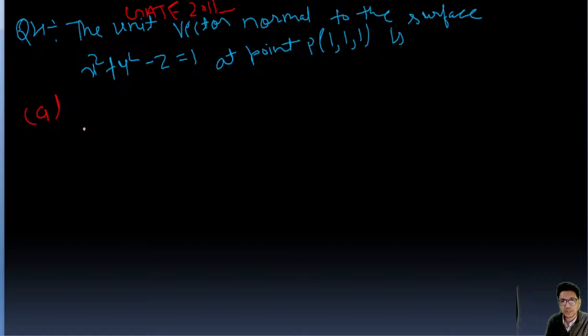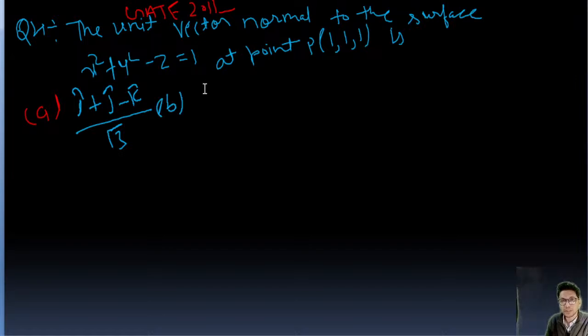Option A: i cap plus j cap plus j cap minus k cap upon root 3.